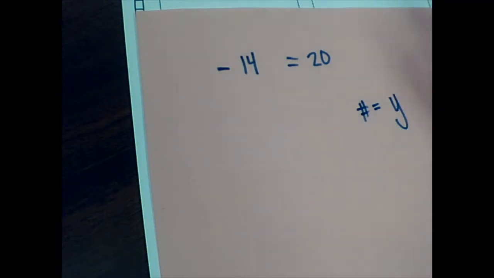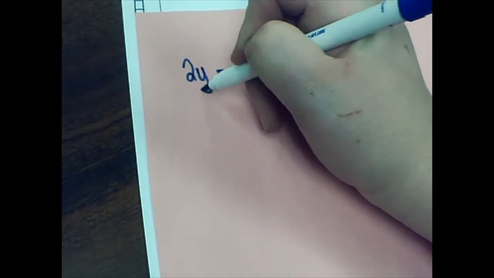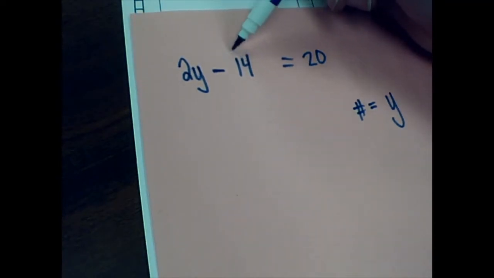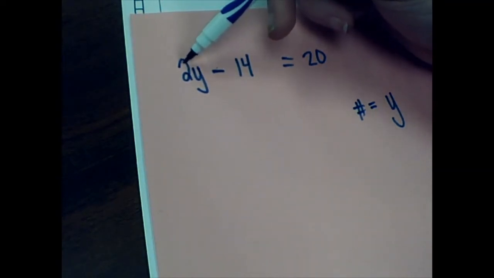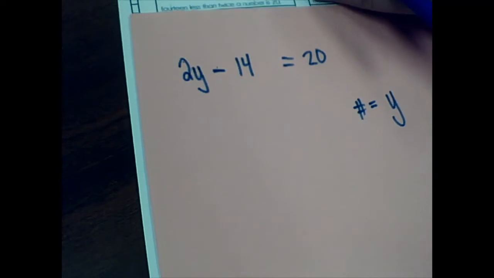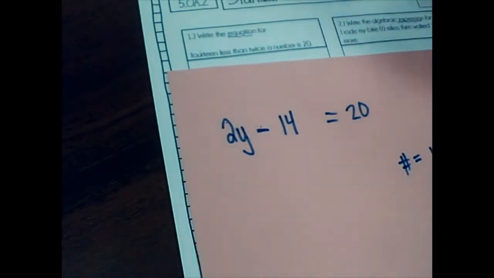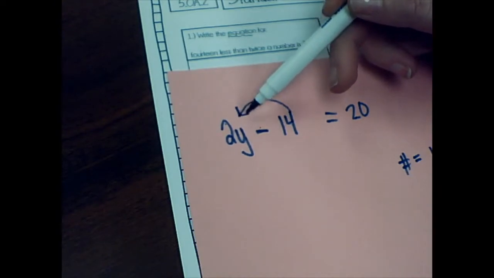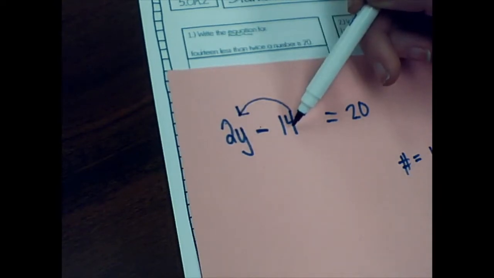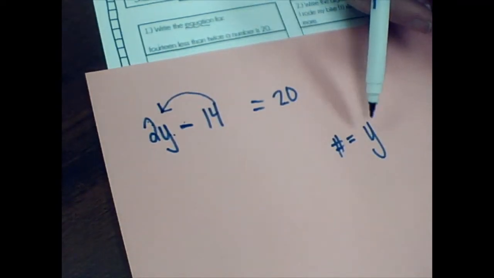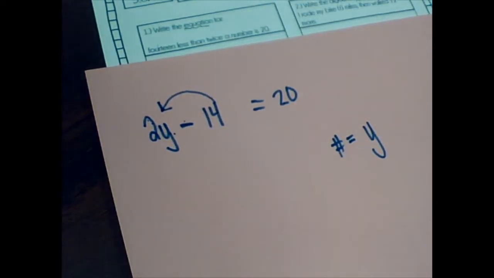I would double it. So I think that works. 14 less than 2 times a number equals 20. All right. Write the equation for 14 less than, so I know I'm taking it from something, twice a number, and we're going to pretend that our number is y, equals 20.